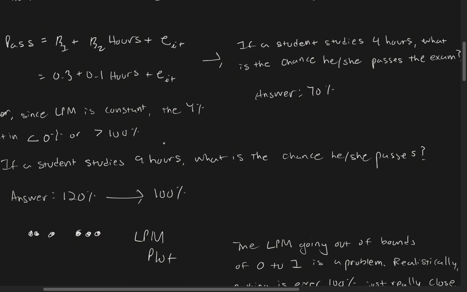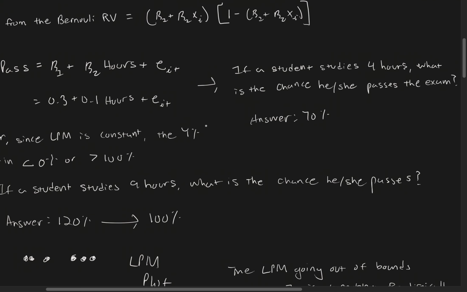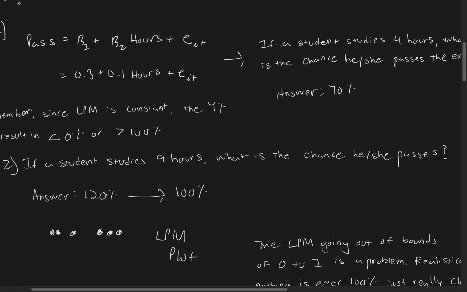So for example, if a student studies 9 hours, then we have a mathematical probability of 120%, which doesn't make sense because a probability can't go over 100%. And so we just interpret that as being 100%.